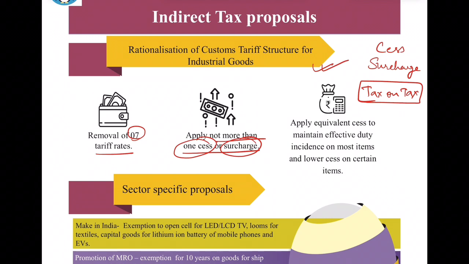Cess is for a particular purpose, like Swachh Bharat cess one can see in the bill of any outlet. Surcharge can be spent for any purpose, but cess can be spent only on the particular purpose for which it has been imposed.